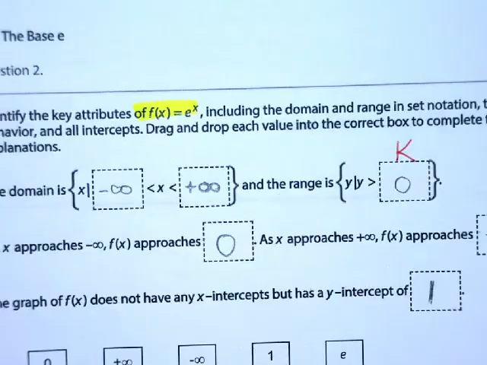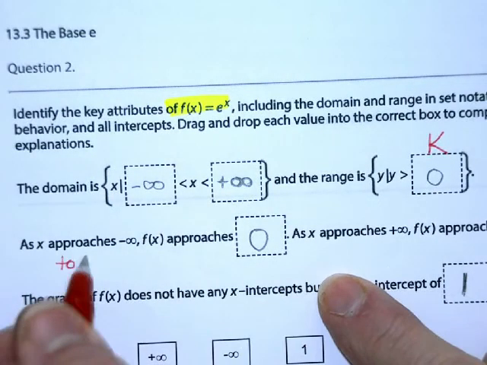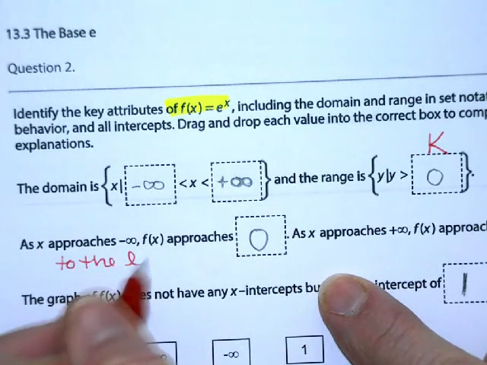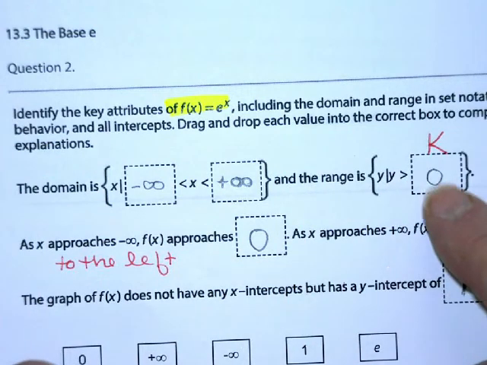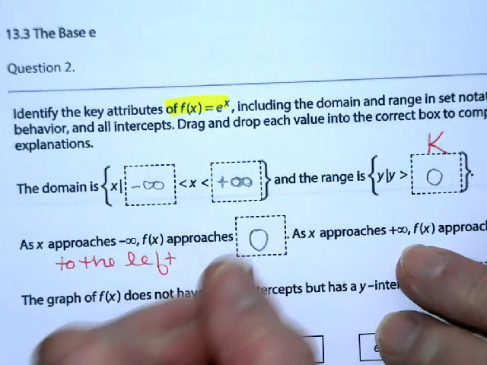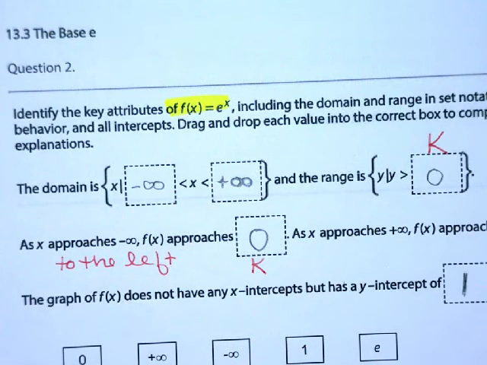So if you look at my blue graph over there on my whiteboard, as I go to the left, my numbers approach 0, but it will never cross the 0 line because that's the asymptote. So that's why this is K as well.